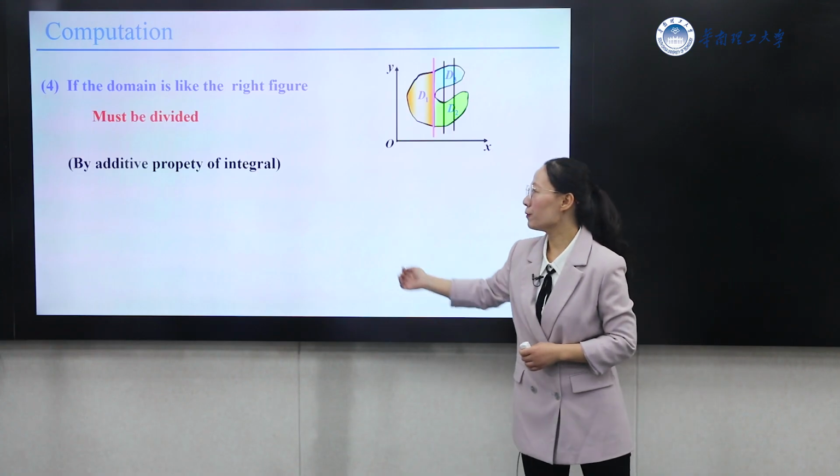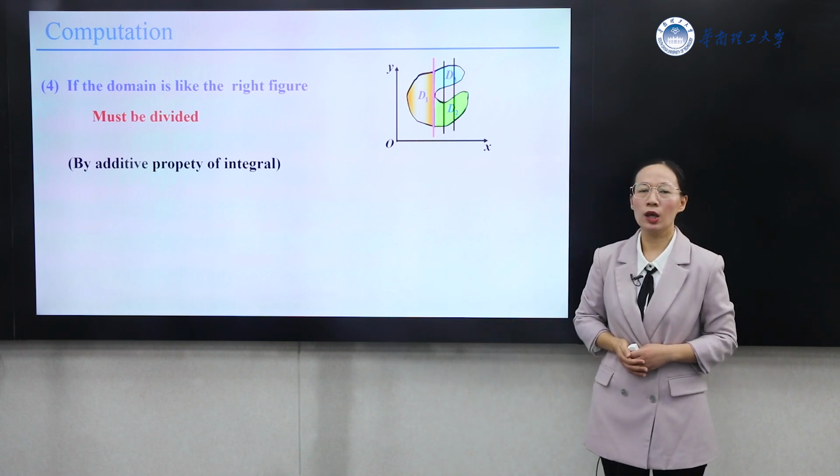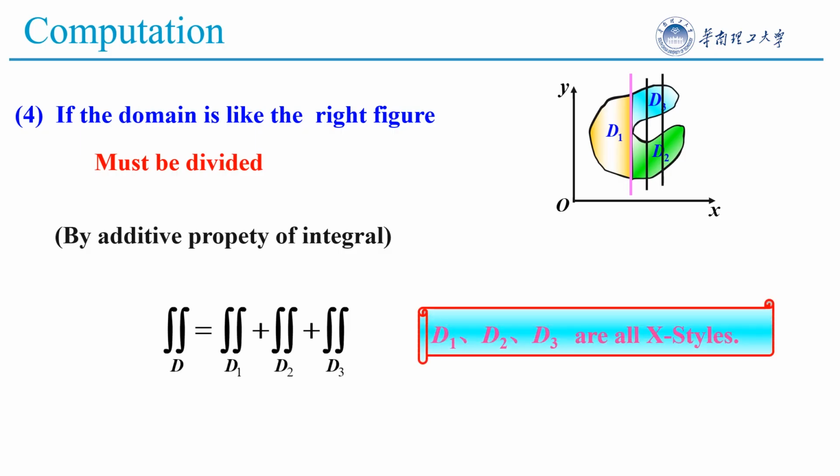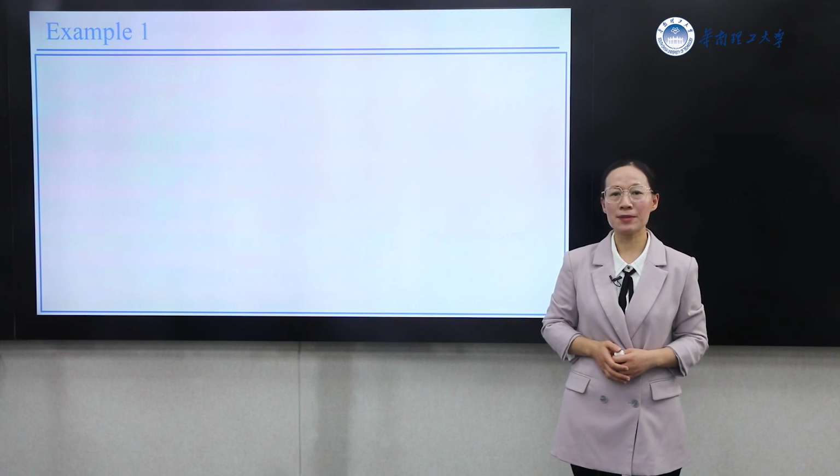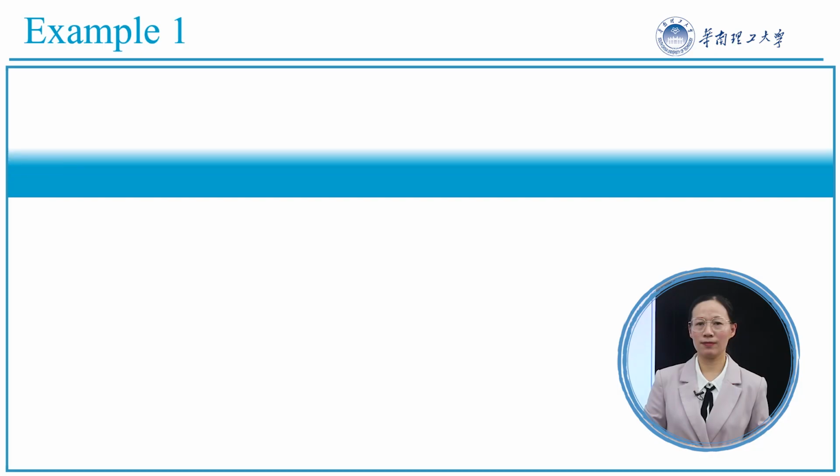By the additive property of integrals, the double integral on D is equal to the sum of the double integrals on D1, D2, and D3. Next, let's give some examples to grasp the above methods.